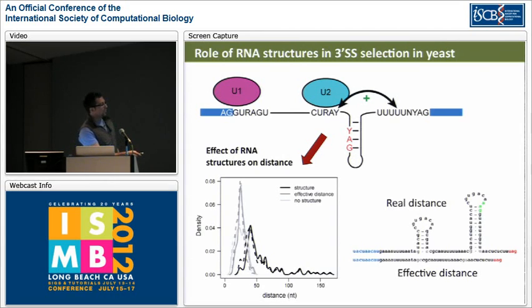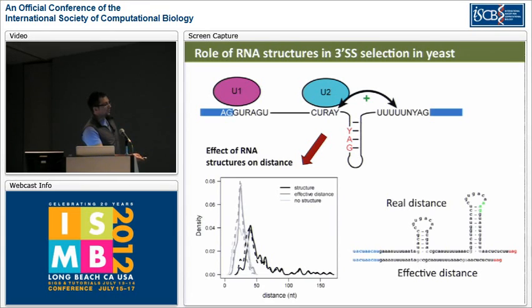So we looked at the introns, and we can separate the introns into the ones that have a structure and those that don't have a structure. And for those that have a structure, if you take the optimal structure, or even a suboptimal structure, the same thing happens.